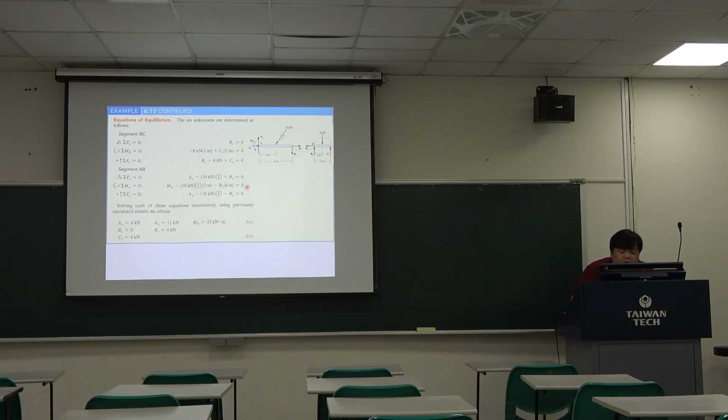Then, because we know the By, we can get the A answer. Finally, we do the summation Fy equal to 0. So the Ay, this force, and the By combined together are equal to 0. Because we know the By, we can get the Ay answer. So the answers are like this list.